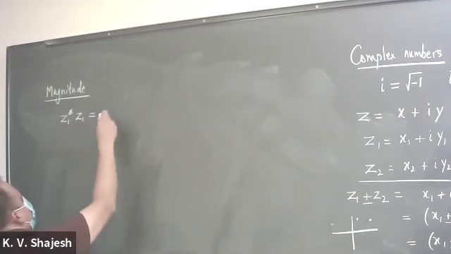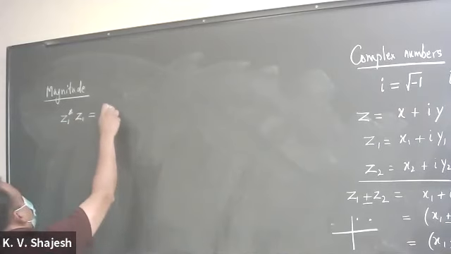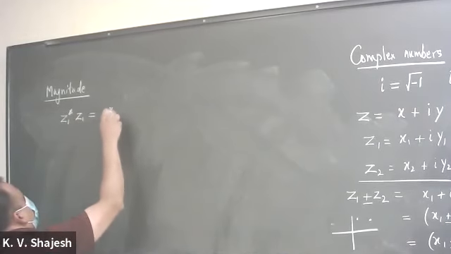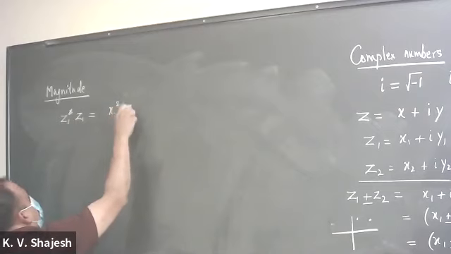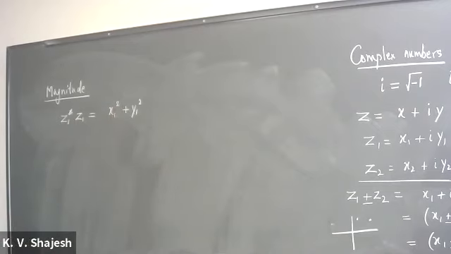What if it's the same? Then the imaginary part goes away, right? If it's the same number, then it is x squared minus y squared. So this is real to begin with. So this is x1 squared plus y1 squared. So the imaginary part goes away.